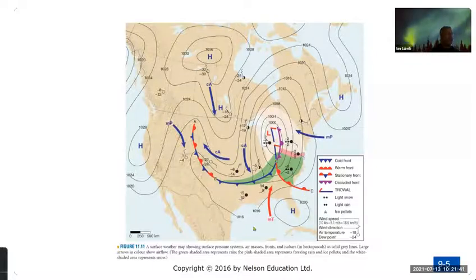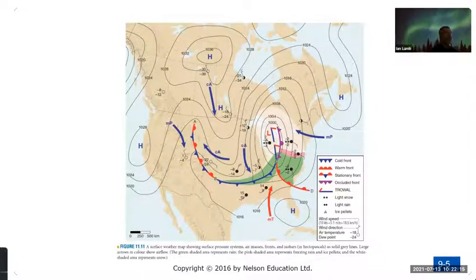So back in here, we have warm air, and air is moving towards the north and east here. This is called the warm sector. And what you're actually looking at is a very typical, garden variety middle latitudinal cyclonic system. Okay, a cyclone.